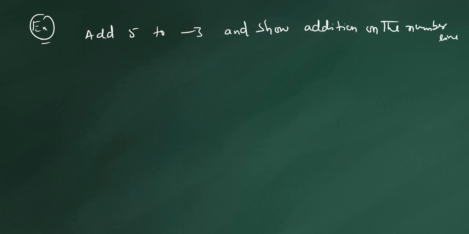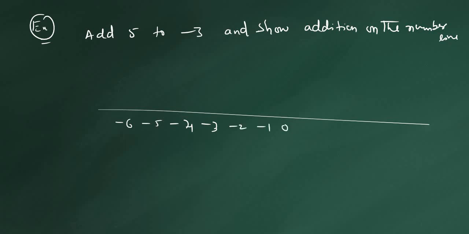How we will do it is, first we will write a number line like this. On this we'll start writing numbers like minus 6, minus 5, minus 4, minus 3, minus 2, minus 1, 0, plus 1, plus 2, plus 3, plus 4, plus 5, plus 6, like this.